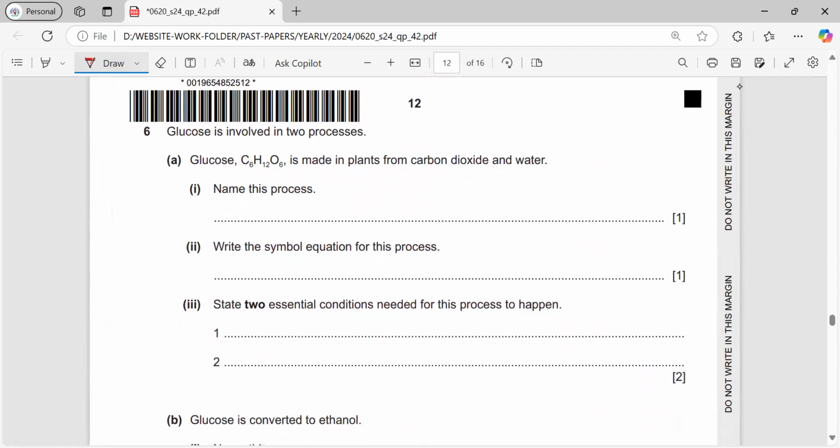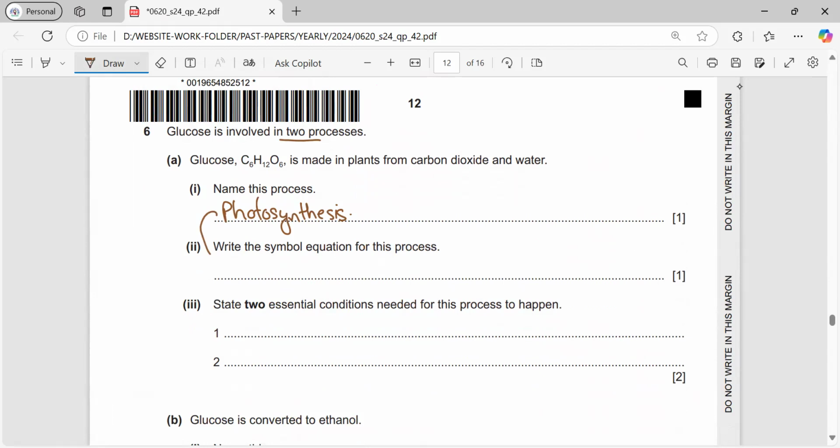Next question. Glucose is involved in two processes. Glucose C6H12O6 is made in plants from carbon dioxide and water. Name this process. So this process is called photosynthesis. Write the symbol equation for this process.